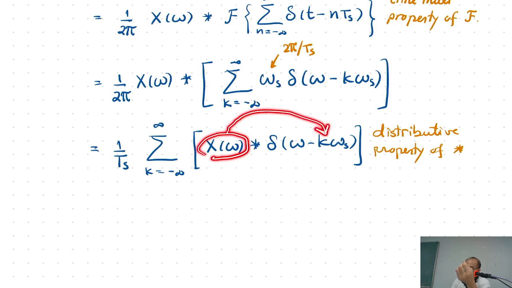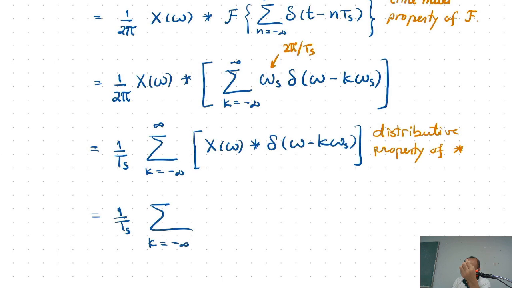The new position of X would be at this frequency. So the result from the convolution would be 1 over Ts, summation k equal to minus infinity to infinity, of X, where I replace omega with omega minus k omega s.